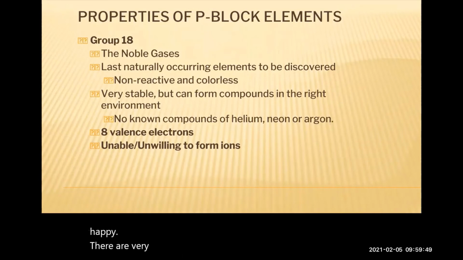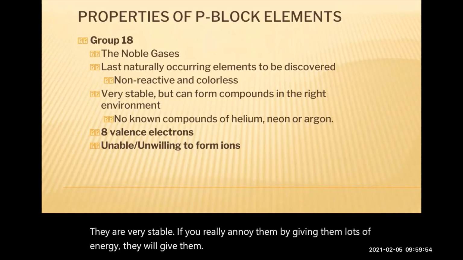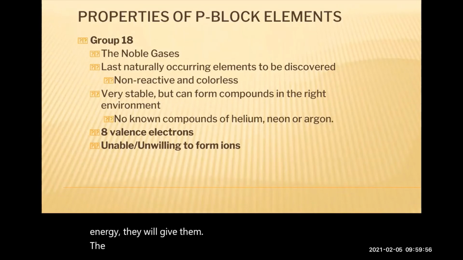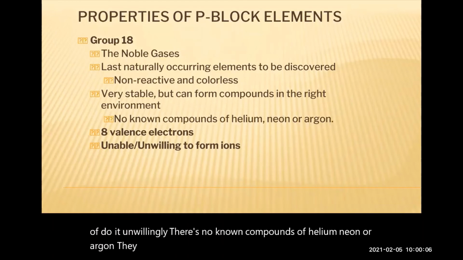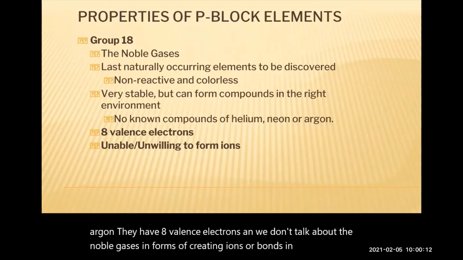If you really annoy them by giving them lots of energy, they'll form a bond or a compound, but they kind of do it unwillingly. There are no known compounds of helium, neon, or argon. They have 8 valence electrons, and we don't talk about the noble gases in terms of creating ions or bonds in this class.